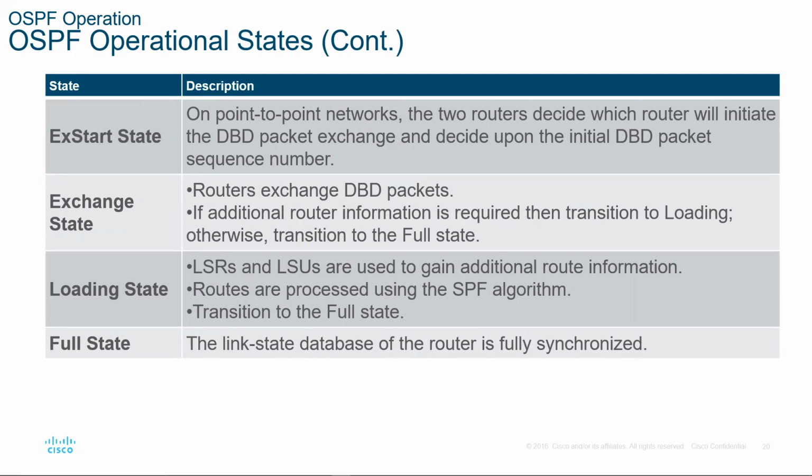They start running their algorithms to determine their paths and then transition to full state, where they have a complete link state database and it's fully synchronized with the other devices within the network.